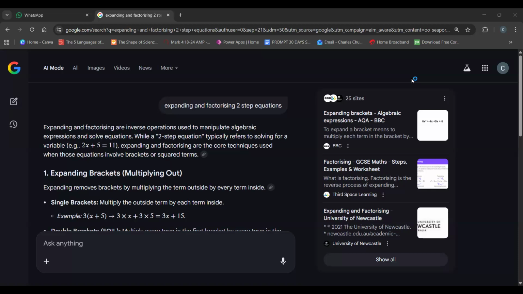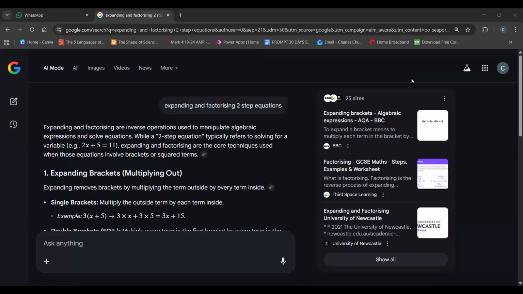So if you are to solve that, it falls under what we call two-step equations. Expanding and factorizing are the core techniques used when those equations involve brackets or squared terms.